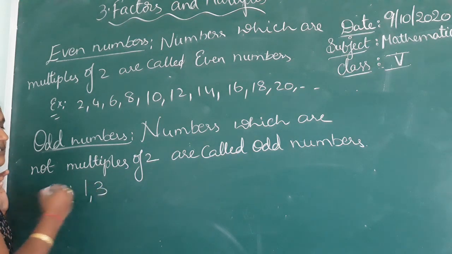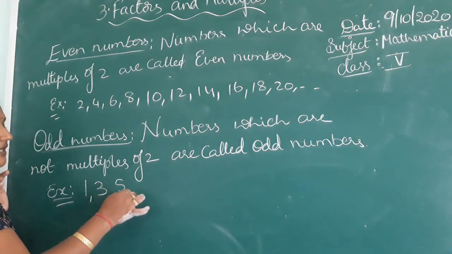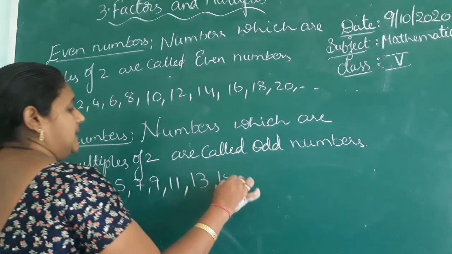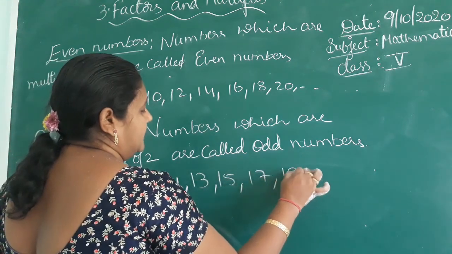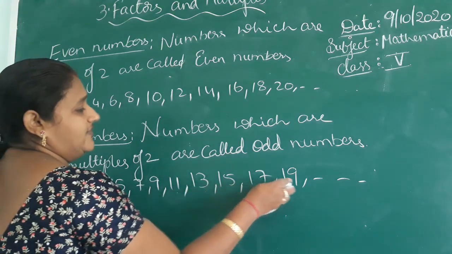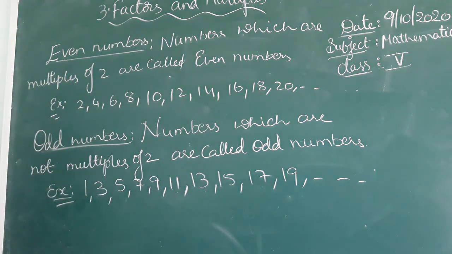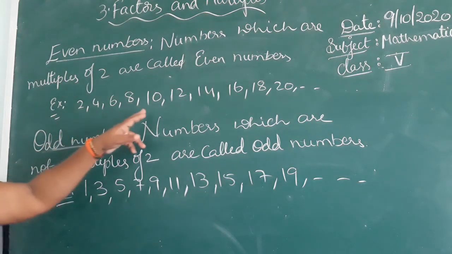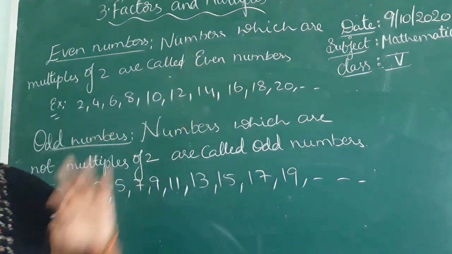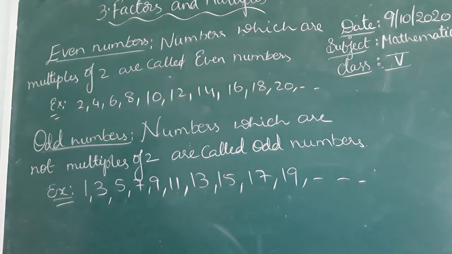What are the examples of odd numbers? 1, 3, 5, 7, 9, 11, 13, 15, 17, 19, like that. These are all the numbers having 1, 3, 5, 7, 9 at one's place. So these type of numbers are odd numbers. Here the ones place digits are 0, 2, 4, 6, 8. These type of numbers are even numbers.